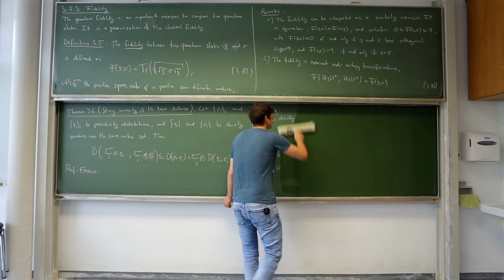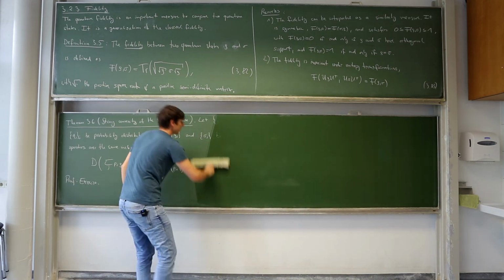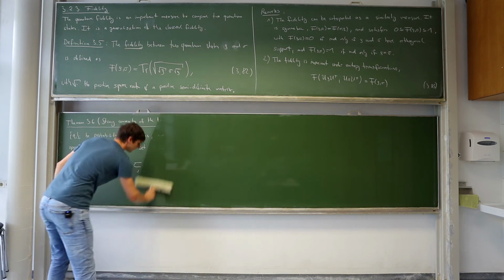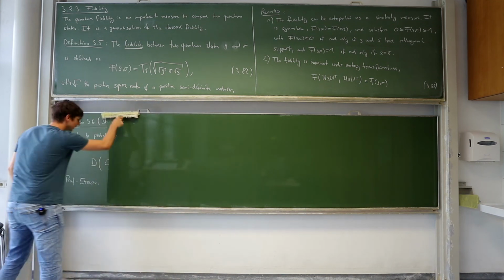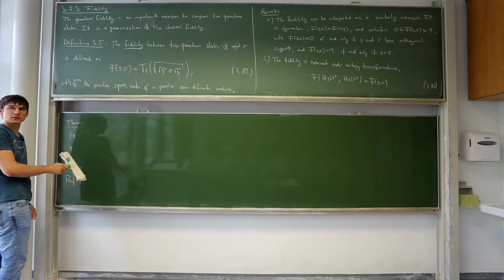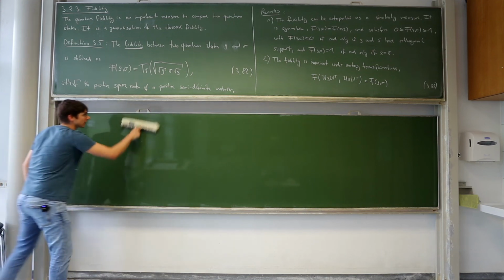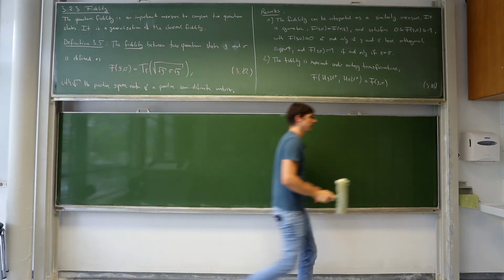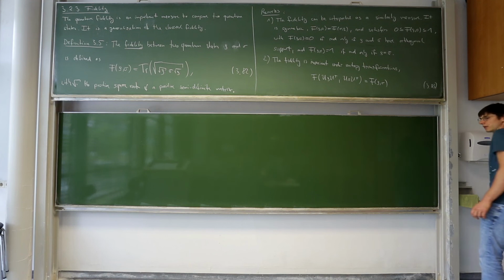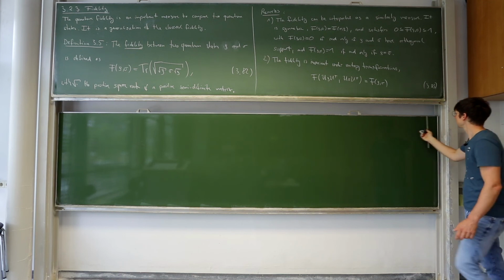What we found there is that we get the trace distance of the corresponding eigenvalues of rho and sigma, as rho and sigma commute. A very similar thing appears here.